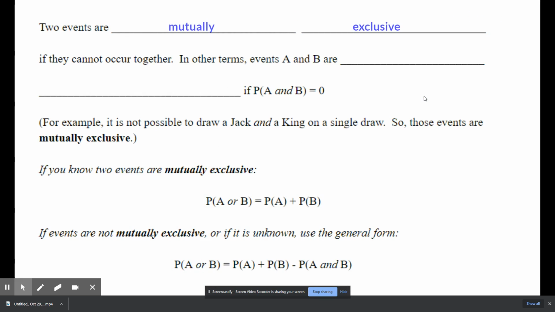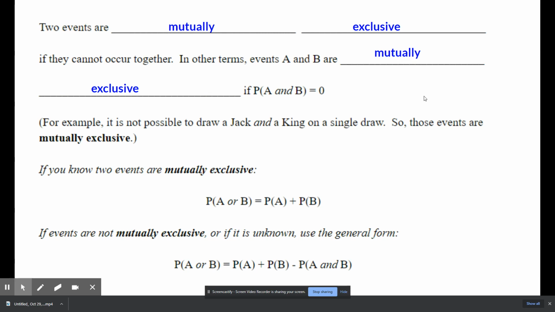Two events are mutually exclusive if they cannot occur together. In other terms, events A and B are mutually exclusive if the probability of A and B occurring is 0. Like the jack and a king on a single draw cannot happen, so they're mutually exclusive events. If you know two events are mutually exclusive, like P(A or B), you can just add the probabilities together.